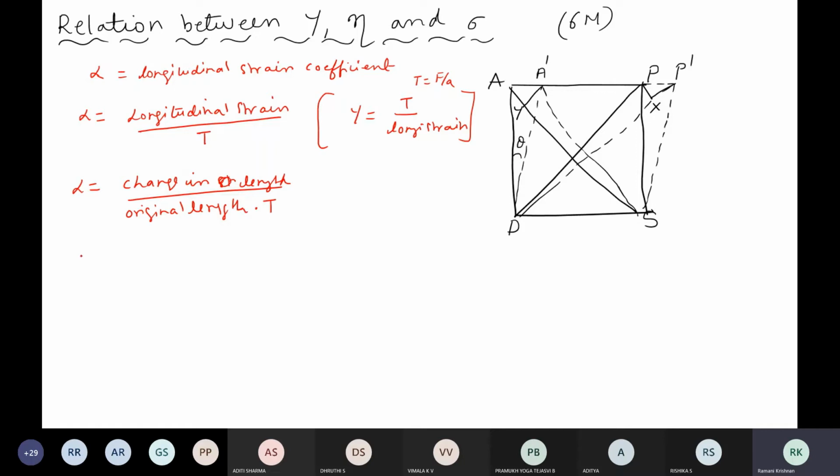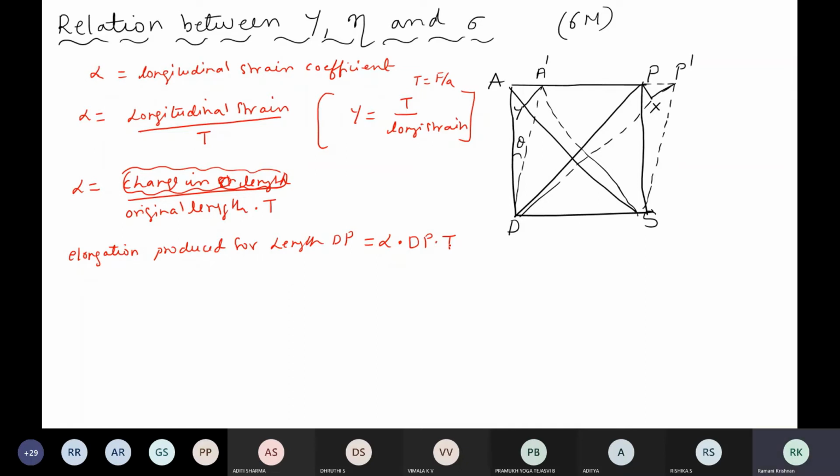So in this case, what will I write for alpha? Tell me, what is the elongation produced for length DP? I want only this much. The elongation produced along our diagonal DP is, from here, alpha dot DP dot T. If you get up to this, things will be easy.